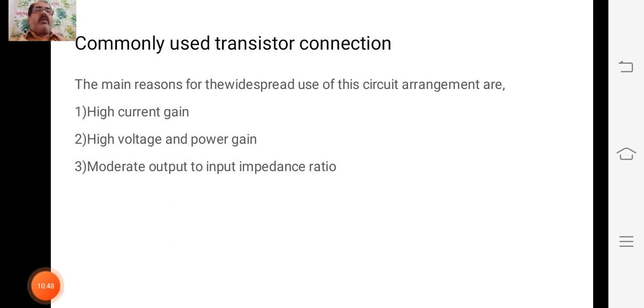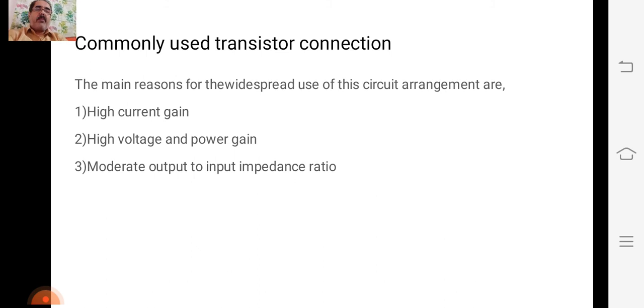So let us consider what is the cutoff in the circuit diagram. The point where the load line meets the IB is equal to 0 curve is known as cutoff. That means you have to take the readings and plot the graph, and then find out where the cutoff is.